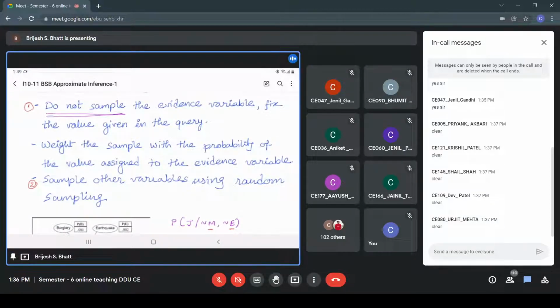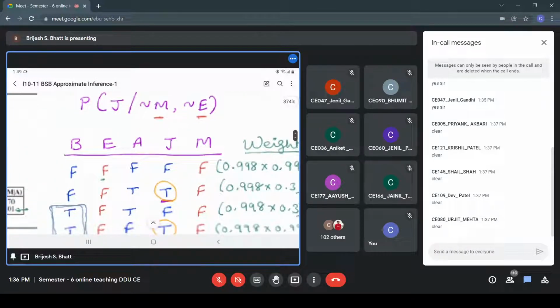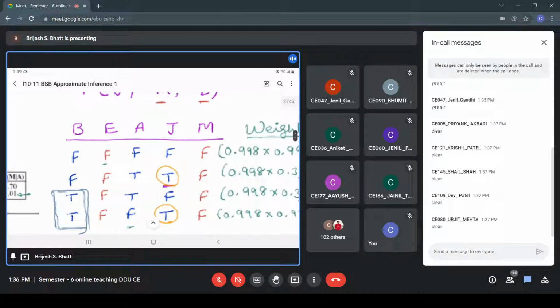So which are the evidence variables in the query? M and E, Mary and earthquake. And the value given in the query is not M and not E, meaning that Mary has not called, value 0 or false, and earthquake value false. So we will not sample these variables, we will fix them. Something like this, if you can see in this table, I have marked the value of variables E and M to be false.